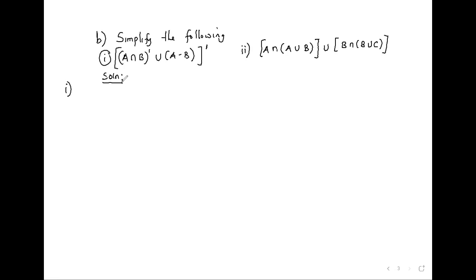The first thing we do is to attack the minus that is inside. So we have (A intersection B) complement union A. The minus means intersection B complement.